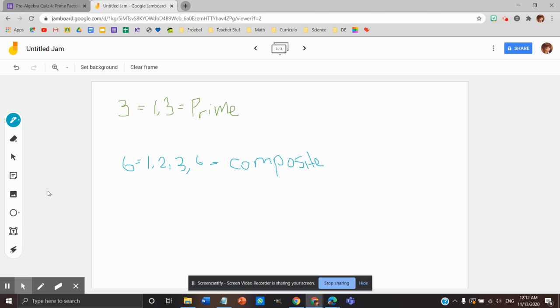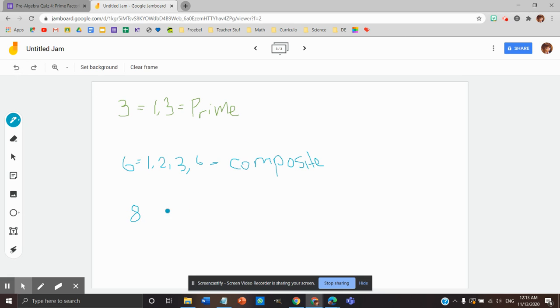And so on and so on. For example, we know that number 8 is divisible by itself, by 1, by 2, and by 4, because we know that 2 times 4 is 8. Therefore, this is not a prime number. Now, you're not going to write that.